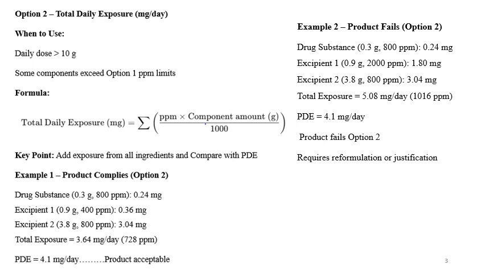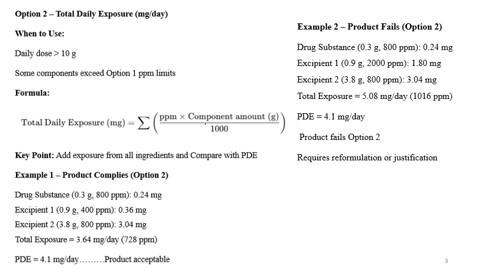You calculate the mg per day from the drug substance 0.3 gram into the limit of acetonitrile 800 ppm. It will become 0.24 mg. 0.9 into 2000 ppm, it will become 1.80 mg.